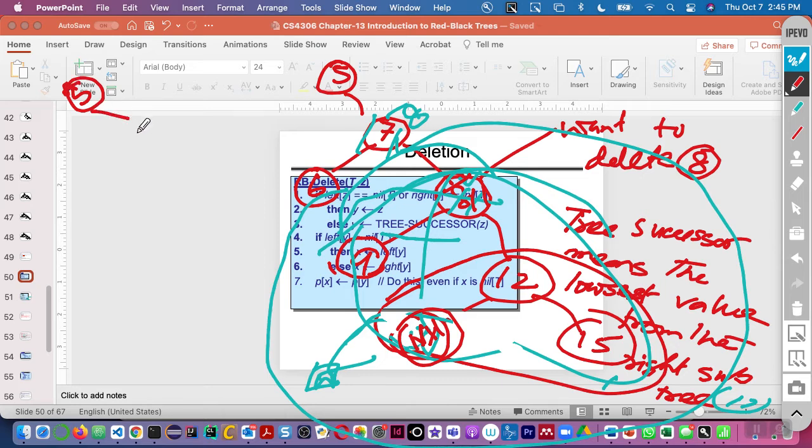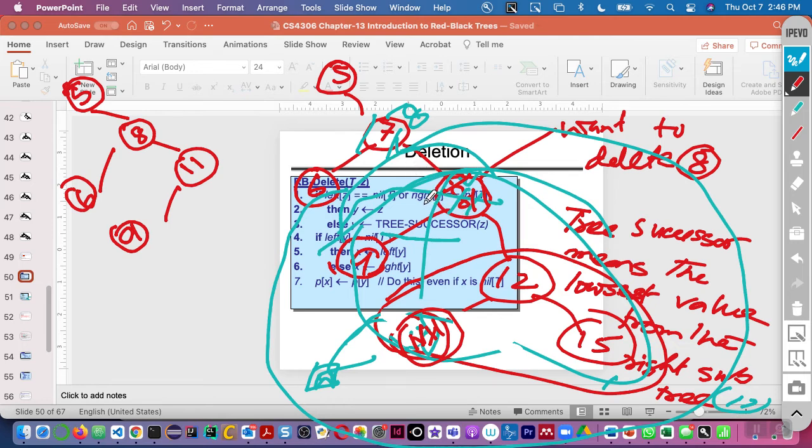Then 8 came over here, right? 8 came over here, and then 6 is here, and then what is this one? 11. Yes, recursively, yes. There's a while loop. Okay, the lowest value in the right subtree, that is called successor.